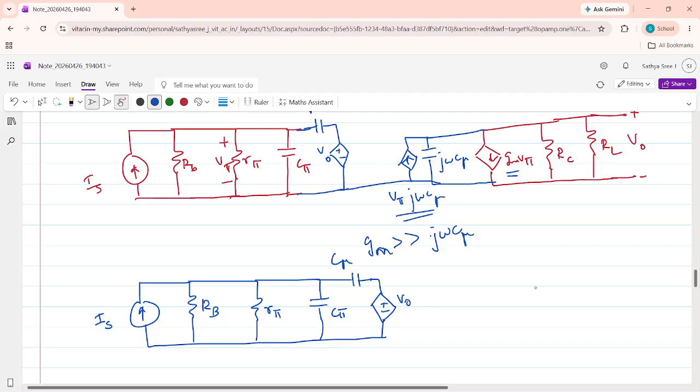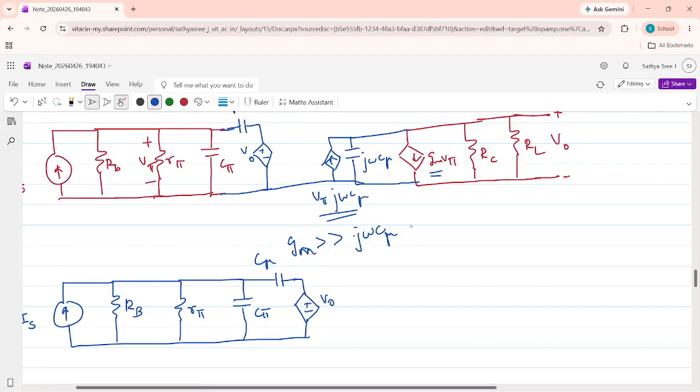In the output side, based on this approximation, I am going to neglect this current source, because it can be neglected compared to the other current source.